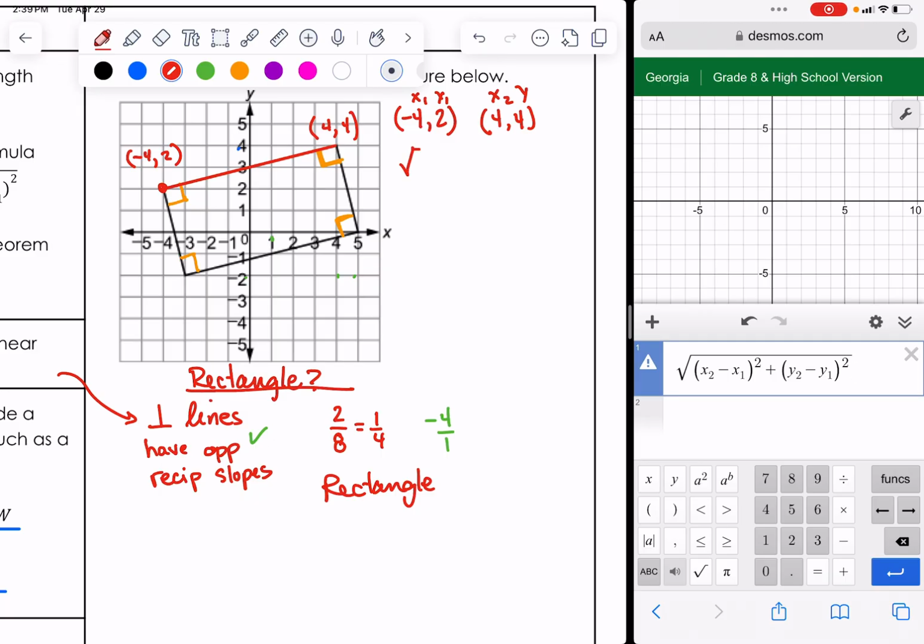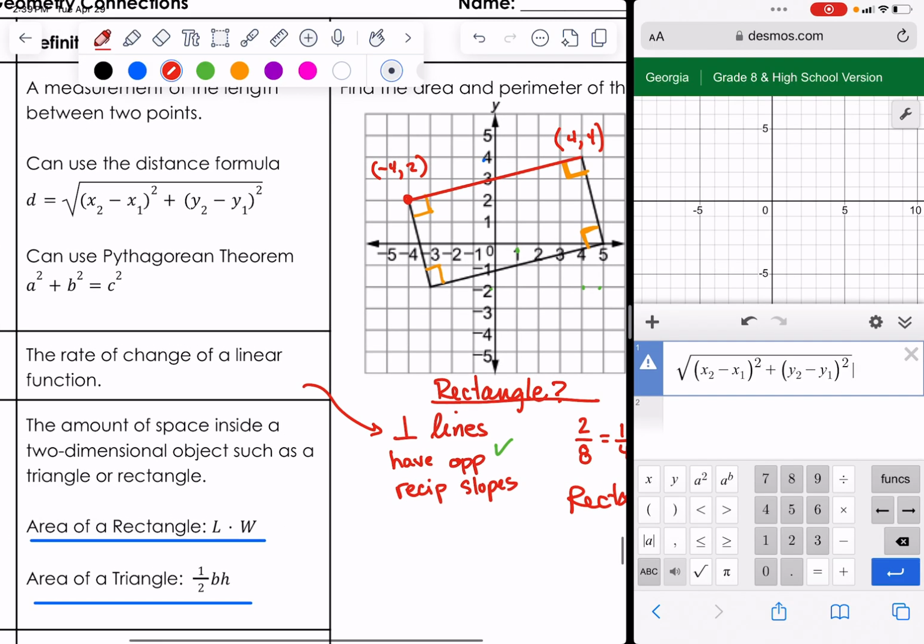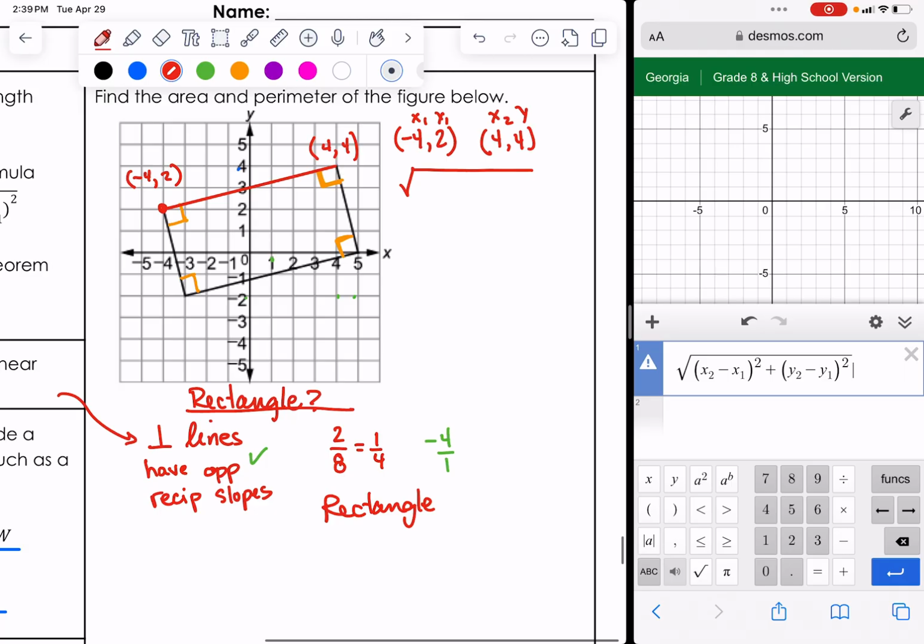I like to do our square root symbol, and we do our formula, x minus x, so 4 minus -4 is 8, and 4 minus 2 for my y minus y is going to be 2, and we've got 64 plus 4, so the square root of 68, which is 2 square roots of 17, which is about equal to 8.25.